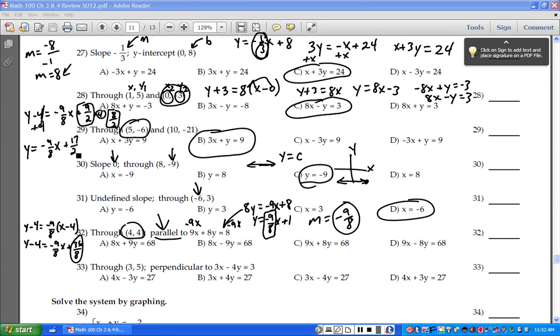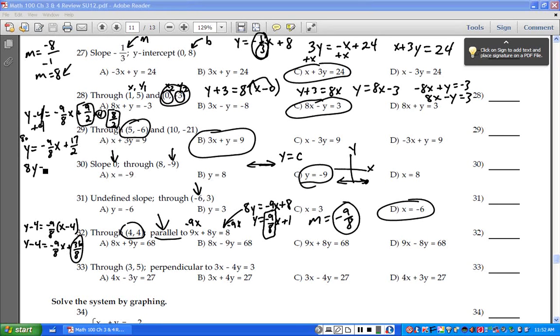Alright, let's see here. So now, gotta get it in standard form. Standard form doesn't like fractions, it likes all integer coefficients, so I multiply everything by the common denominator, which in this case is 8.